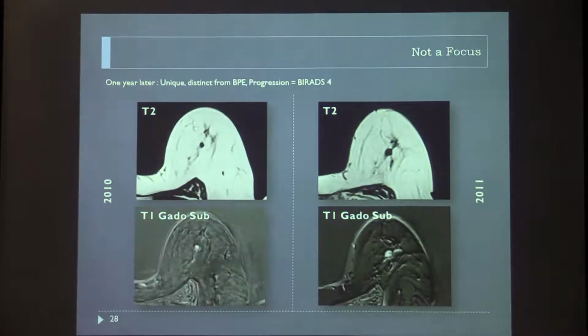She came back 1 year later, and as you can see, the lymph node is not a regular lymph node. It has increased in size significantly. And in your opinion, where is my mistake? My mistake is very important to know. This patient had a previous cancer in the left breast, and she came with a new clinical symptom.